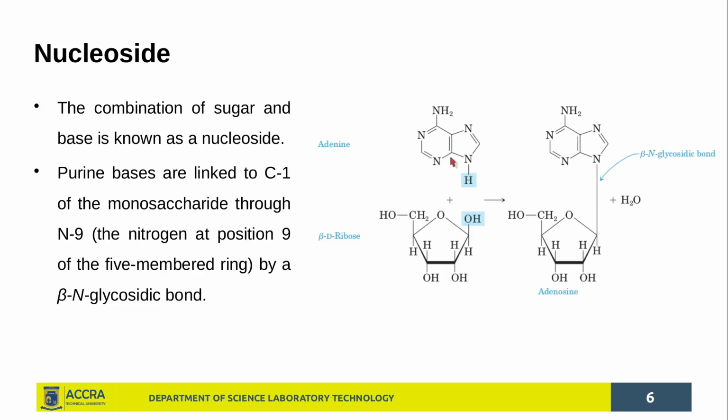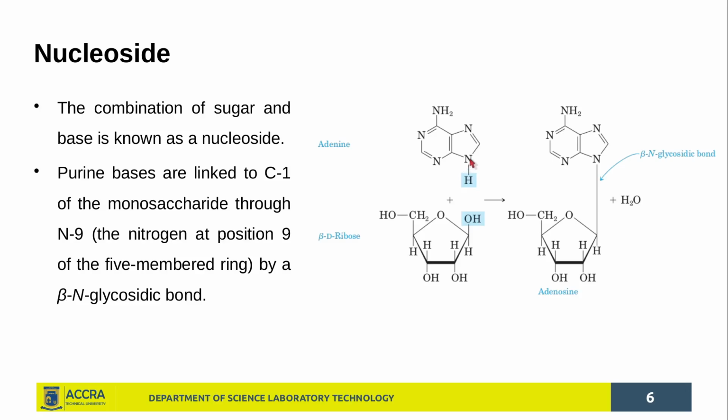Now, you see that the nitrogenous bases all have some shaded hydrogen, which is the reactive hydrogen, on the N9 for adenine and N1 for the pyrimidines.